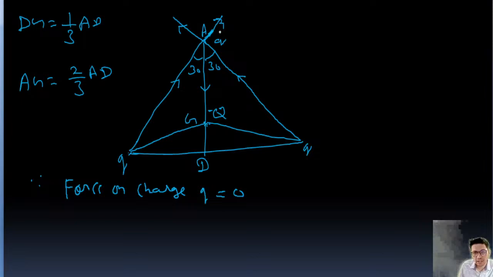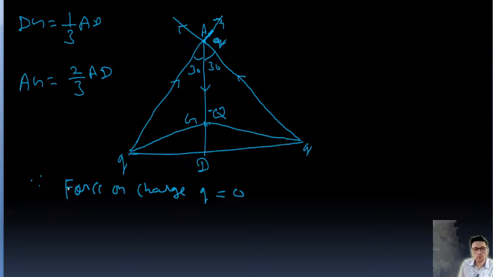So here you can see, suppose the force on each charge is 0, right? So here this is Q, this is Q. We can see this force is towards this, and this force is down, right? So these forces are balancing, and the force on Q is going to be 0.